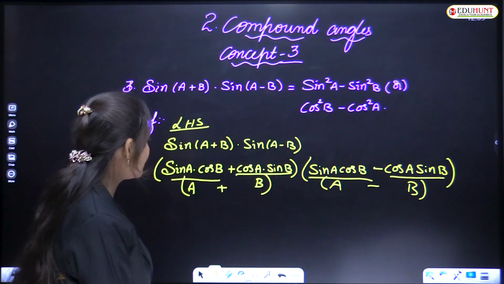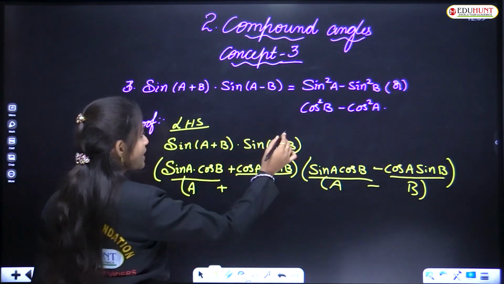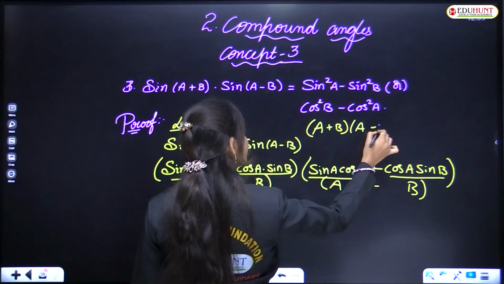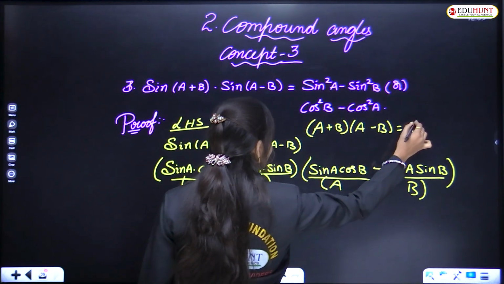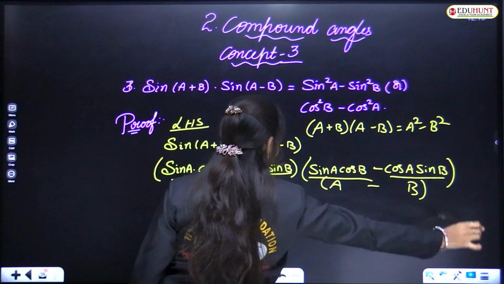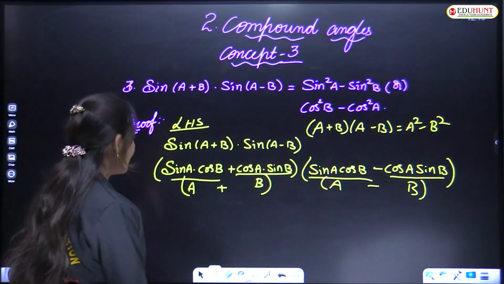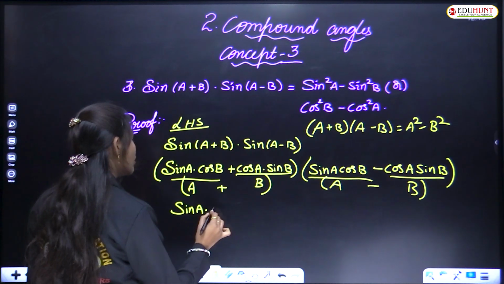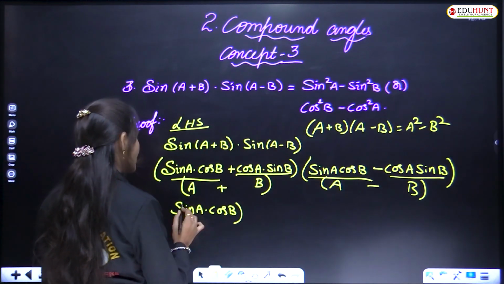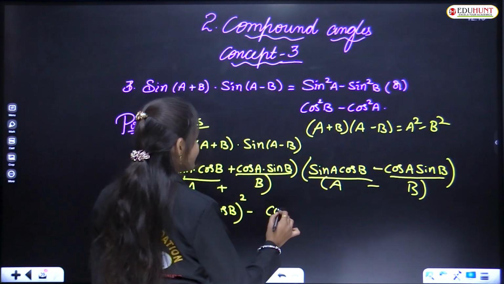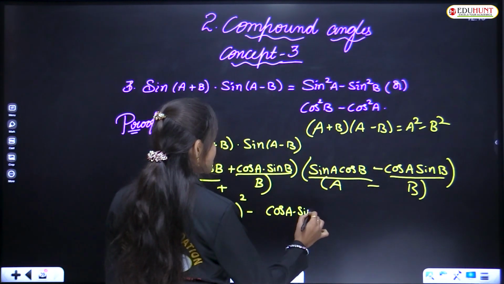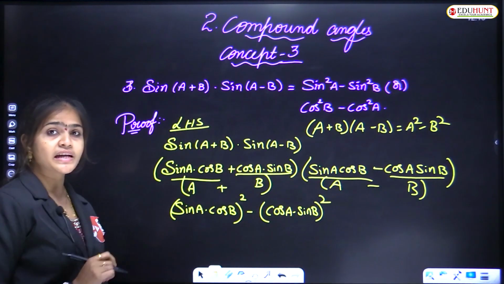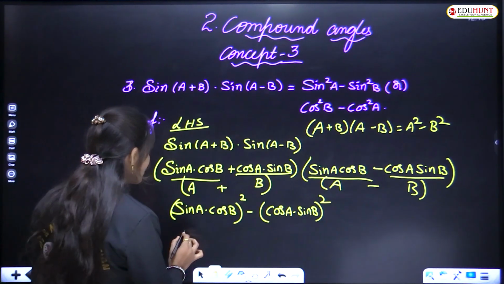What is that formula? (a plus b) into (a minus b) is equal to a square minus b square. So apply that formula here: sin a cos b whole square minus cos a sin b whole square. Now this is in the form of a square minus b square, so apply that square.